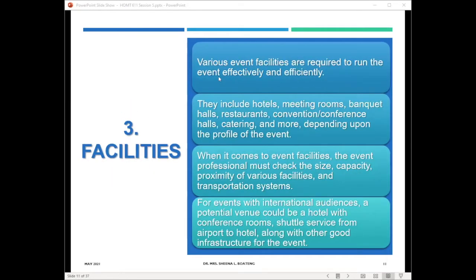We can also talk about facilities. For instance, when we talk about facilities, they may include, if you are choosing a hotel, the number of meeting rooms in the hotel, the banquet halls, the restaurants. If it is a convention center, you are looking at whether they have conference halls.